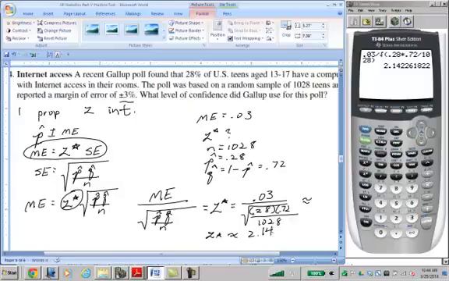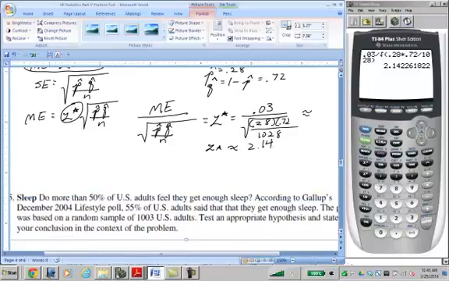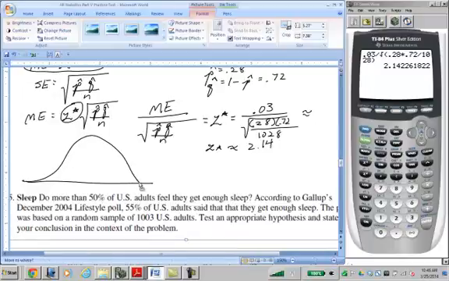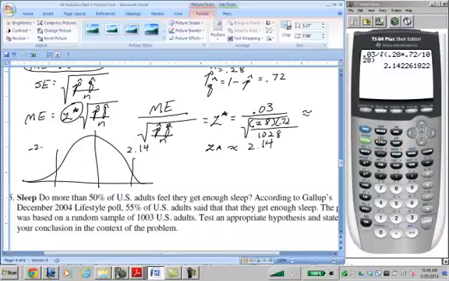Okay, now we know what z star is, so here's what we need to know. The confidence interval goes from positive 2.14 to negative 2.14. So it's the area in between. This is the confidence interval.